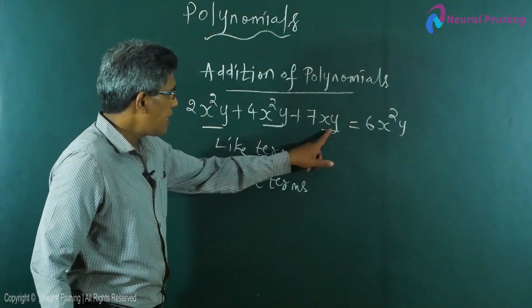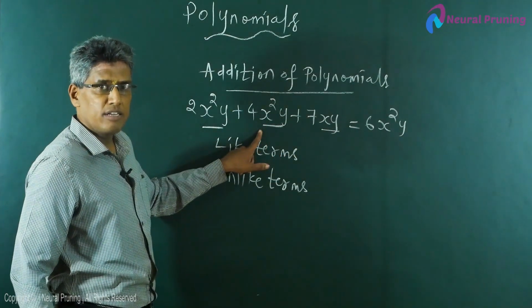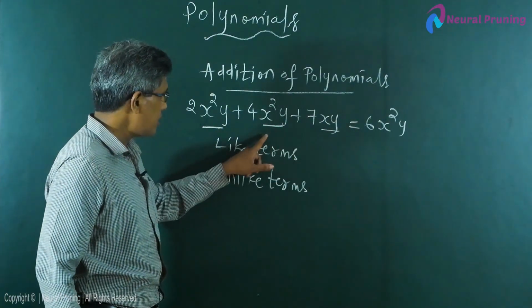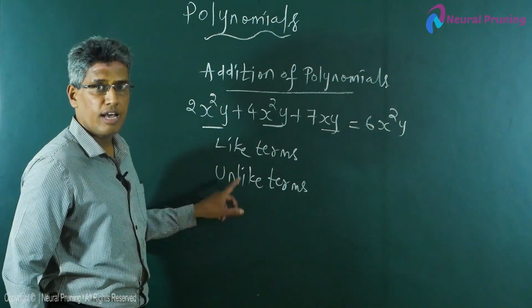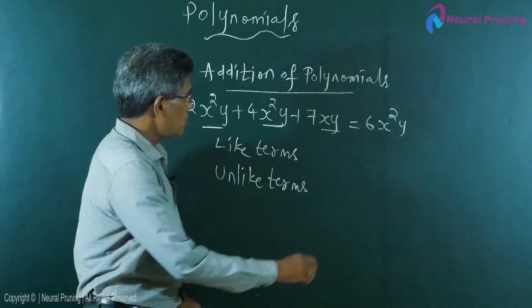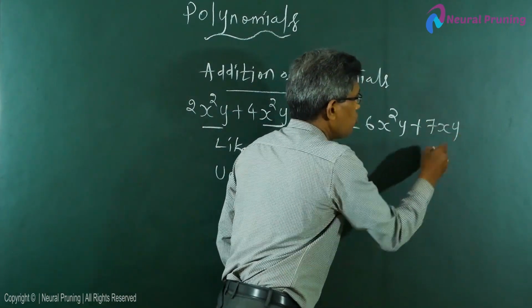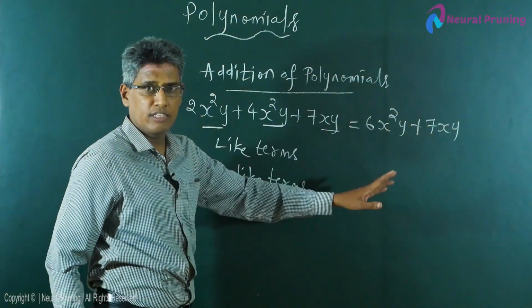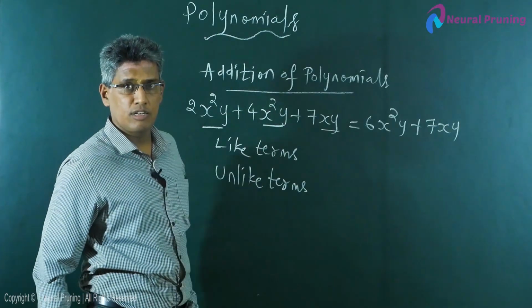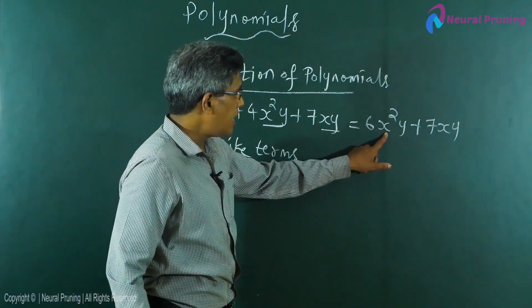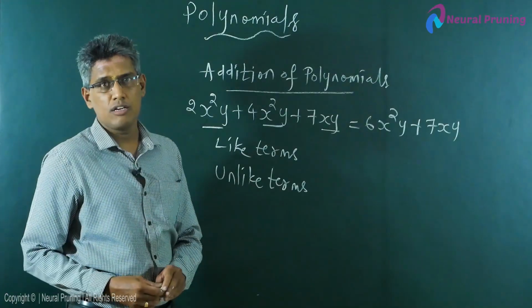Is this clear? xy is different from x square y. For this reason, xy and x square y are referred to as unlike terms. So you have to represent it separately. You cannot combine a like term with an unlike term. So when you add up two polynomials, you get another polynomial.